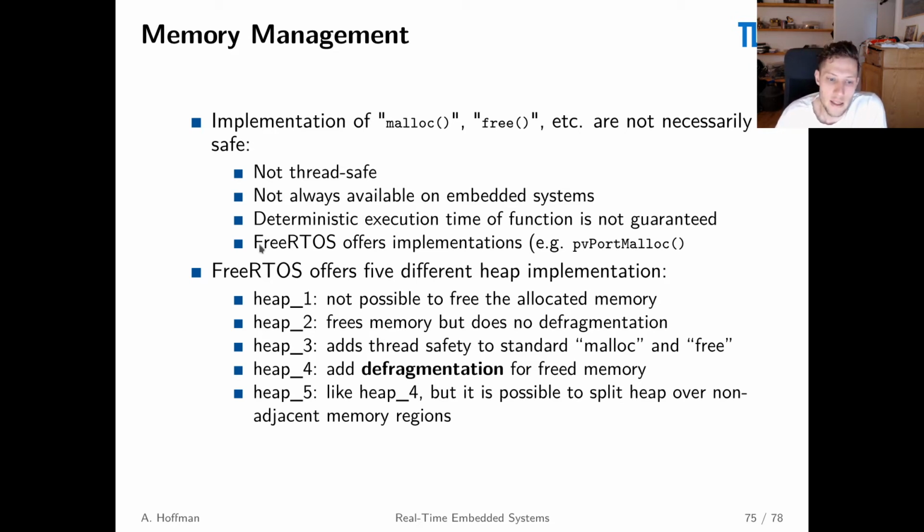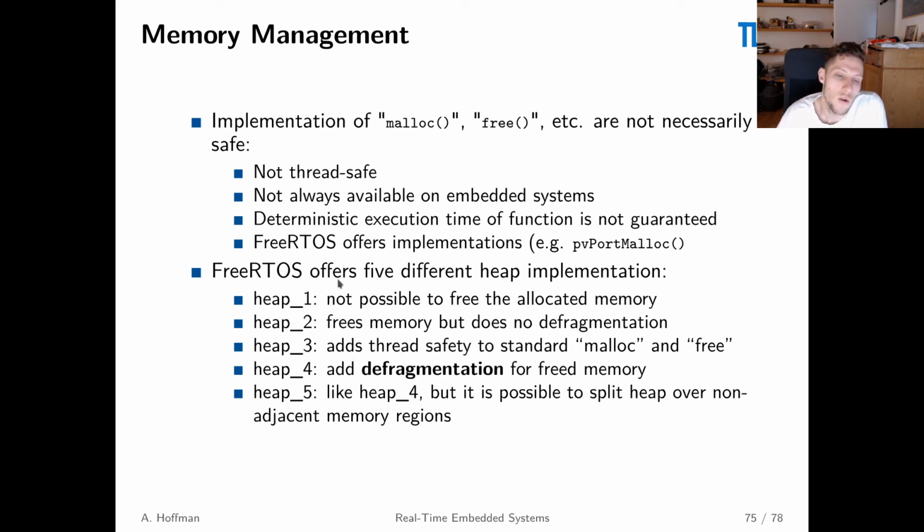Namely, FreeRTOS comes with 5 different heap implementations. So we remember from memory management in the C language, the heap is where the memory is dynamically allocated using malloc, calloc, realloc, and is freed using the free function. And so the heap implementations in FreeRTOS, as we can see here, there's 1, 2, 3, 4, 5.